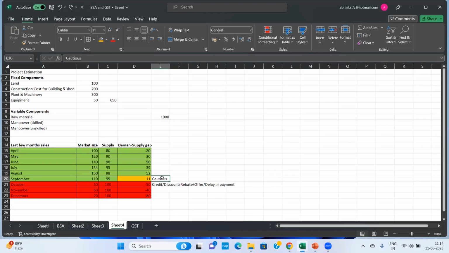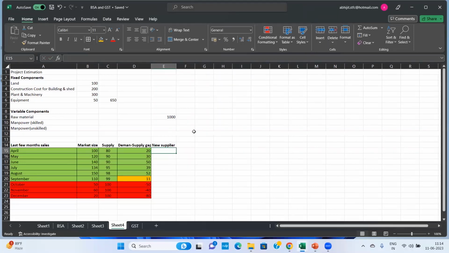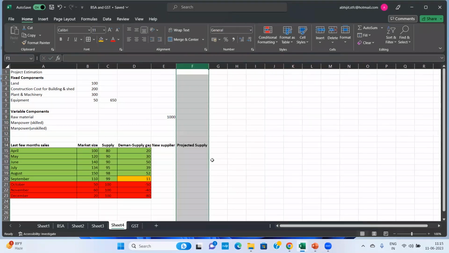Additionally, what I need to do, I have to understand new supplier. Next is projected supply, which will consist of the existing suppliers and the new suppliers. Then I will be able to understand what will be my actual demand supply gap for the next year.